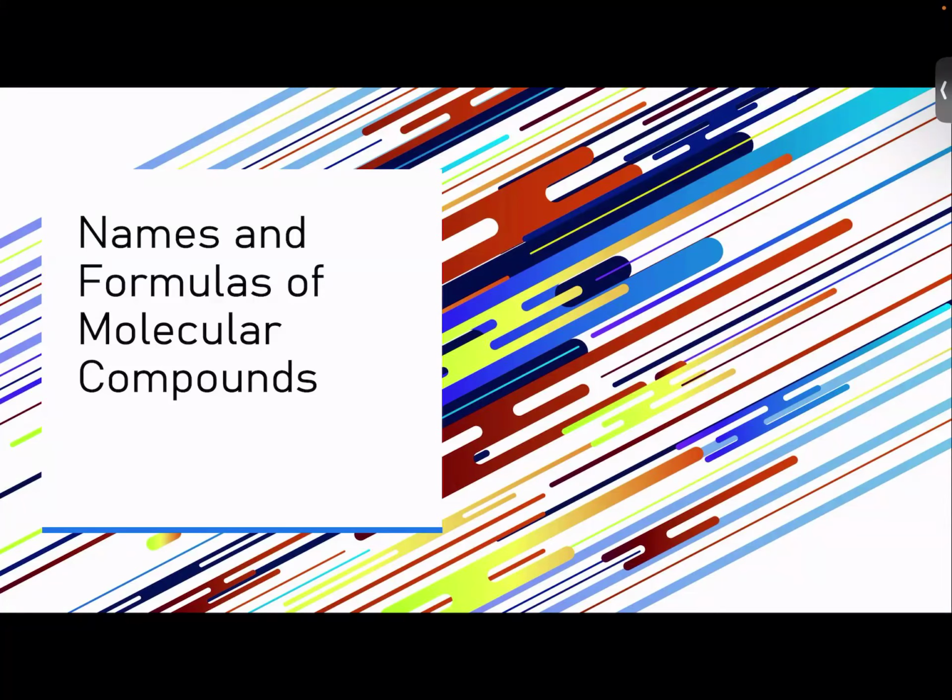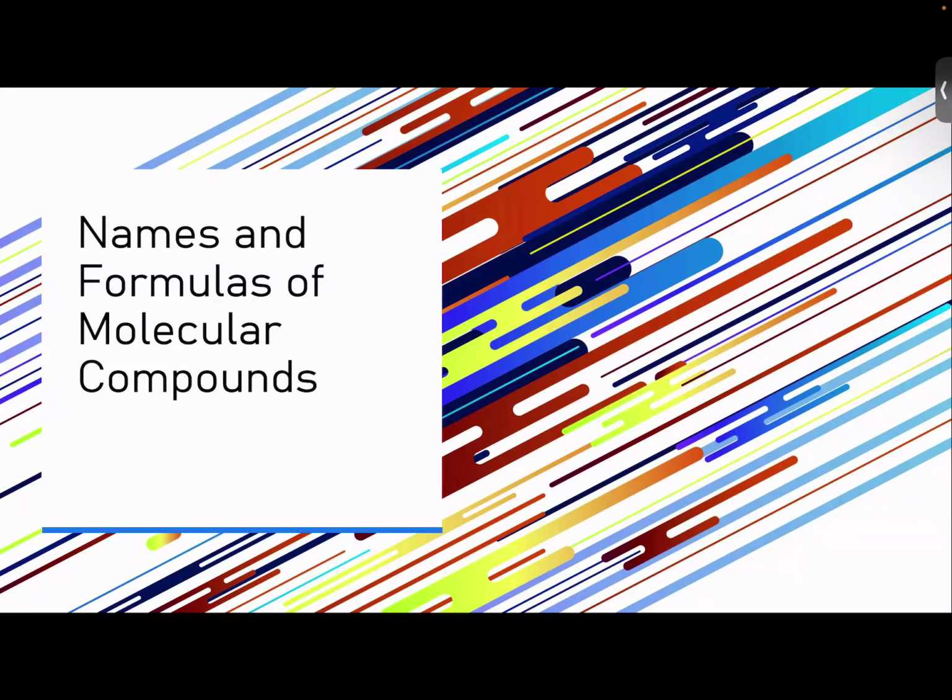Chapter 4 had the naming of ionic compounds, which we have been doing in class. It had the Lewis structure of ionic compounds, the Lewis structure of covalent molecules, and VSEPR theory, all of which we did in the laboratory.